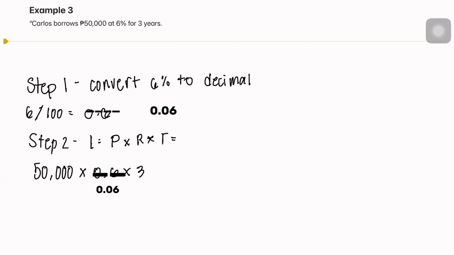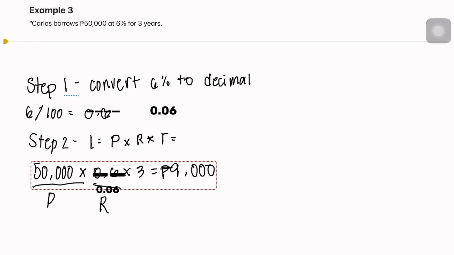After that, we multiply each value. So 50,000 times 0.06 is equal to 3,000. Then 3,000 multiplied by 3 is equal to 9,000. So that is the answer.